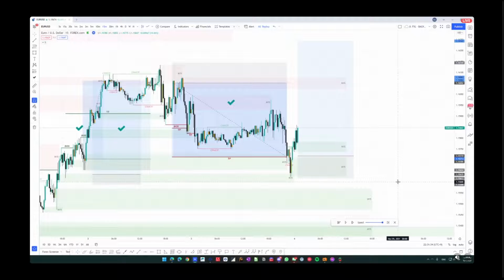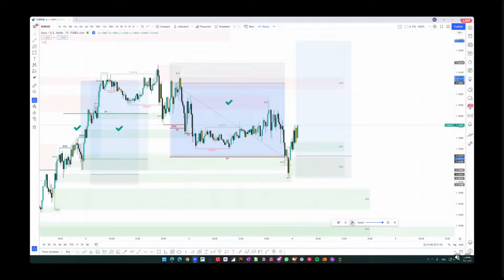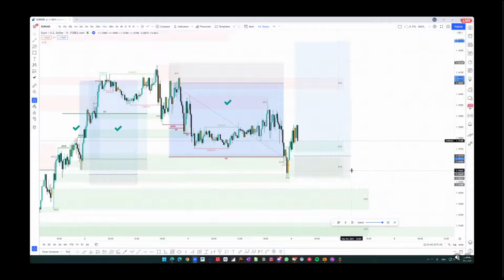If we want to get long, we still want to use the lower one, because until that point, that demand didn't break anything. Technically, no, it just created a higher high. It would need to come way up here. It needs to break at least the wick on the left. Yeah, just remove it for now.